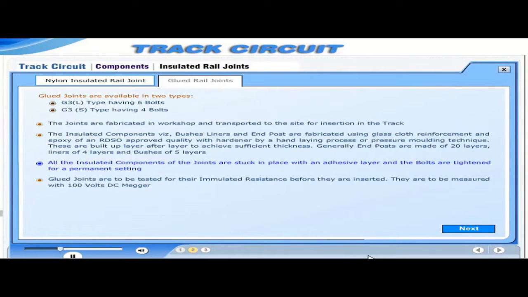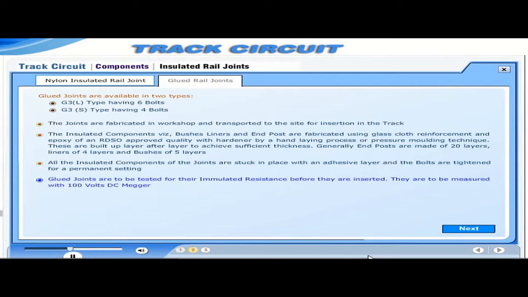All the insulated components of the joints are stuck in place with an adhesive layer, and the bolts are tightened for a permanent setting. Glued joints are to be tested for their insulation resistance before they are inserted.